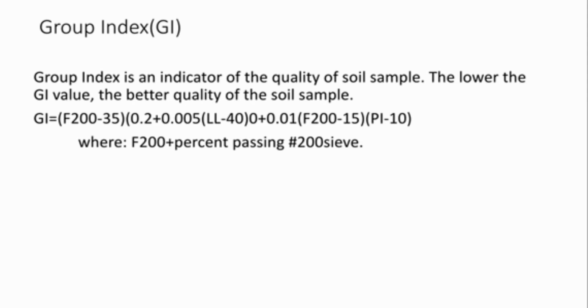So next is the group index. Group index is an indicator of the quality of the soil. The lower the GI value, the better the quality of the soil. So we have our formula.